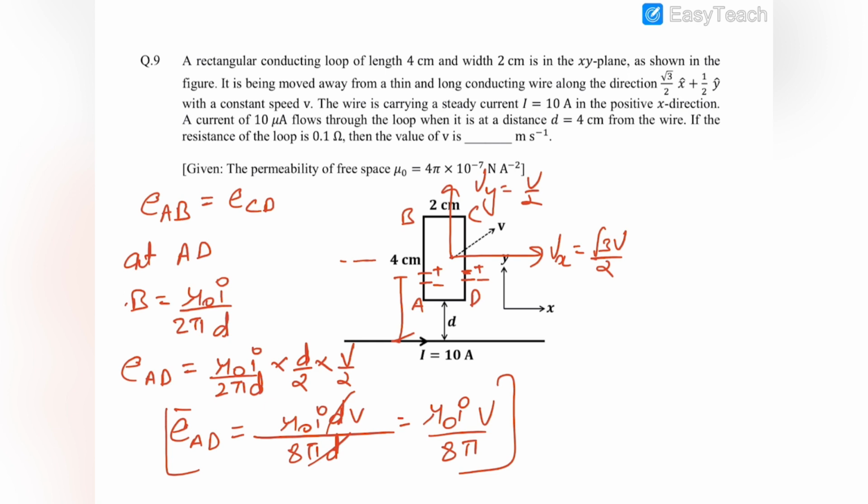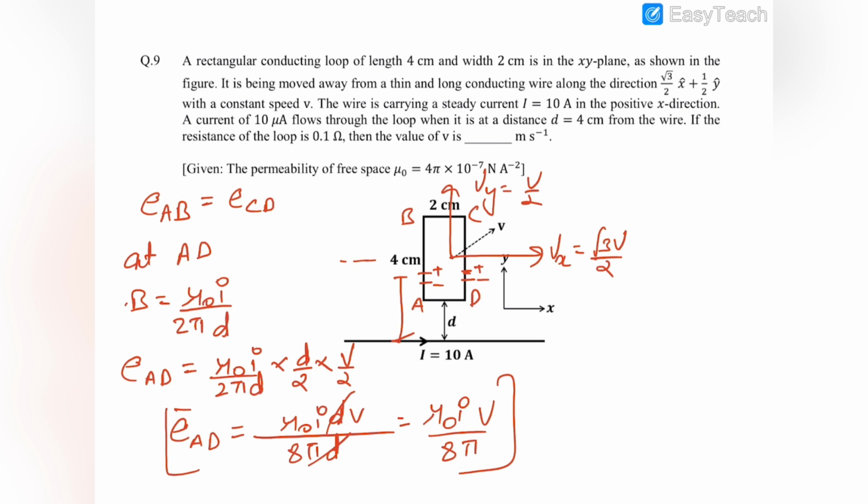Now in wire BC, the only difference between AD and BC is the fact that BC is at a distance of 2D from this wire and AD is at a distance of D from this wire.